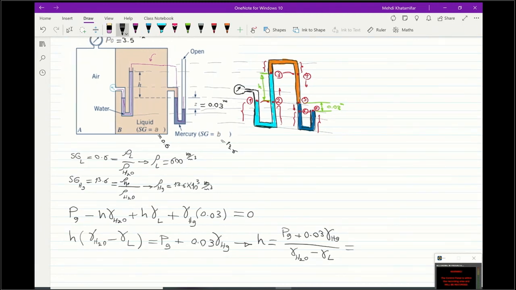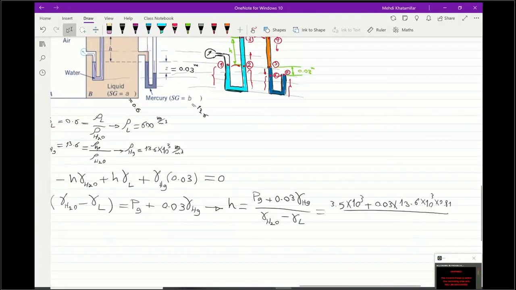What is Pg? 3.5. So 3.5 times 10 to the power 3 plus 0.03 times 13.6 times 10 to the power 3 times 9.81, divided by 1000 for water times 9.81 minus 600 times 9.81. Therefore H is going to be 1.9 meter.